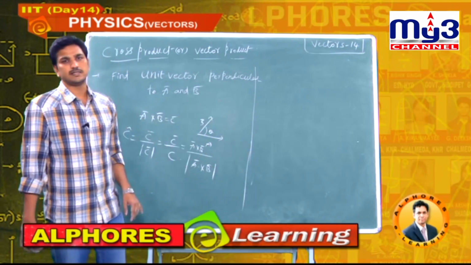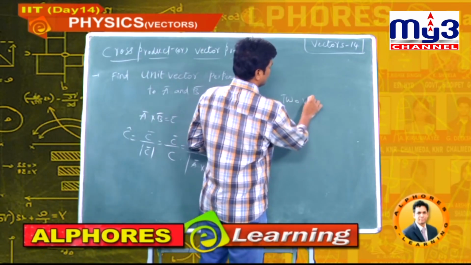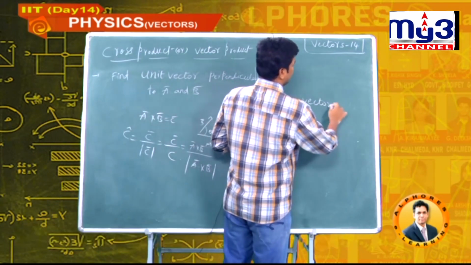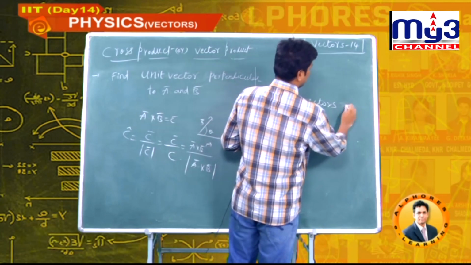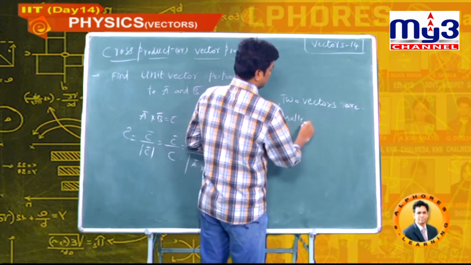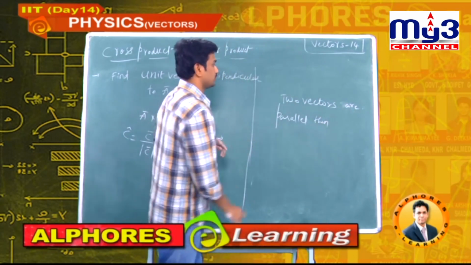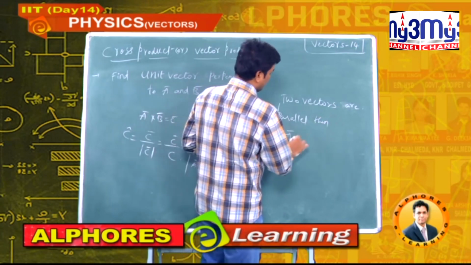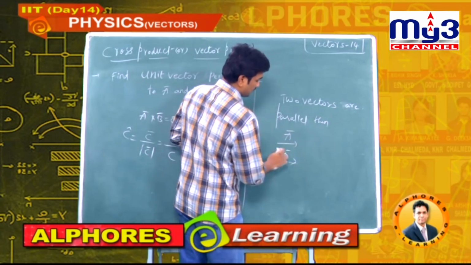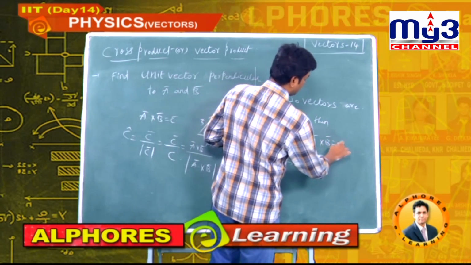And one more point here: two vectors parallel. If two vectors are parallel, then the cross product is 0. Suppose A bar and B bar are both parallel. Then what is the cross product? 0.